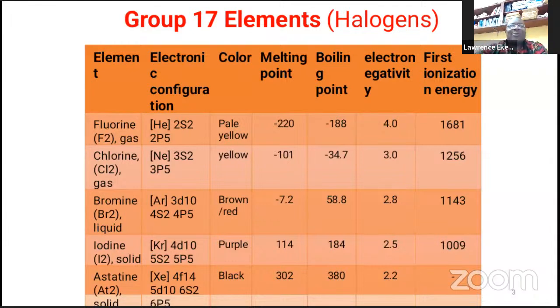Our emphasis will be on fluorine, chlorine, bromine, iodine, and some little statements about astatine. If you look at the table before you, you will see some physical properties of the group 17 elements, which we call the halogens.